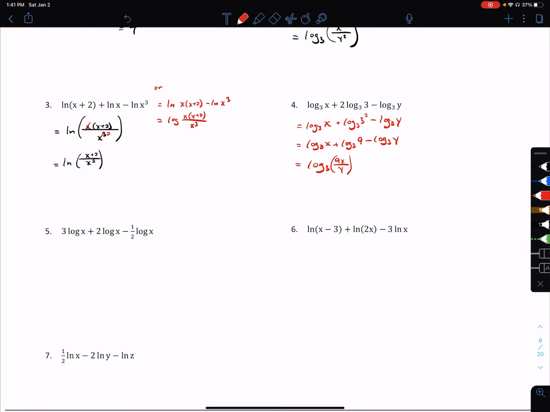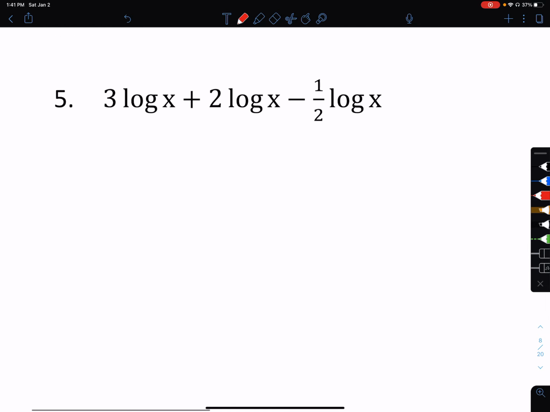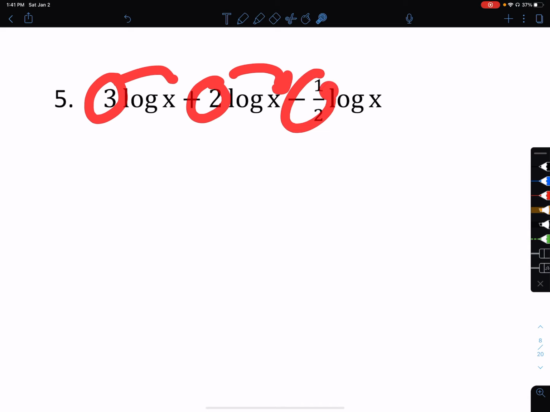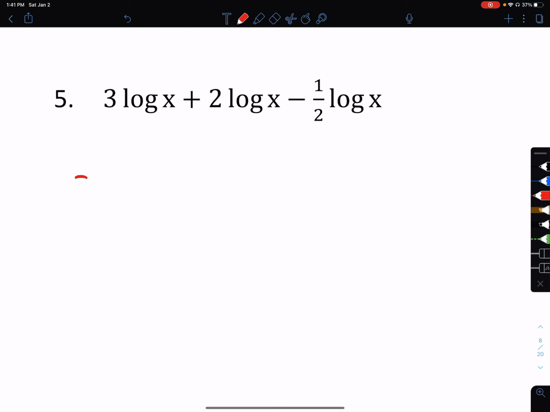Number 5. Once again, we want these coefficients to be exponents. We don't always want that, but we do if we're trying to condense into one logarithm.